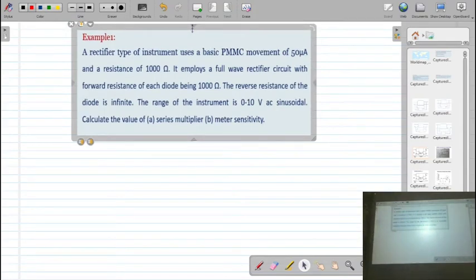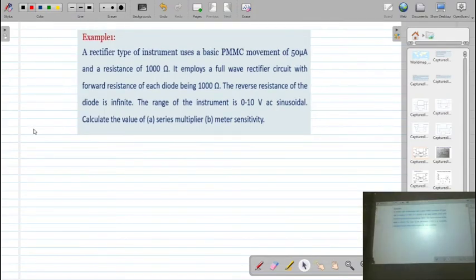Okay, look at this example. A rectifier type of instrument uses basic PMMC movement of 50 microampere. Means here the full scale deflection IFSD is 50 microampere and a resistance of 1 kilo ohm. So meter resistance is 1 kilo ohm.